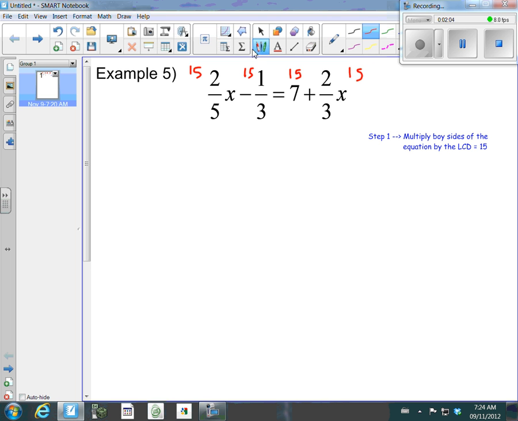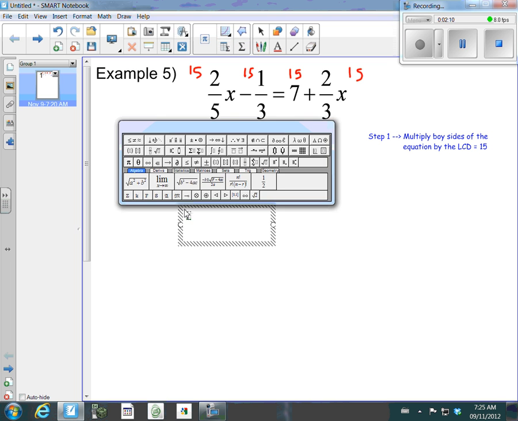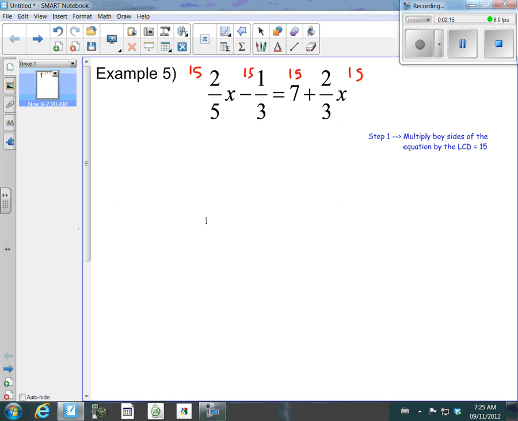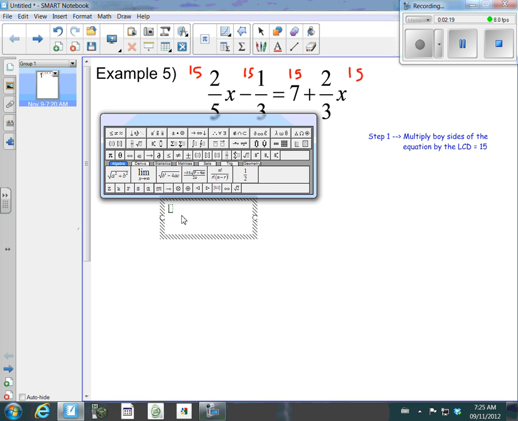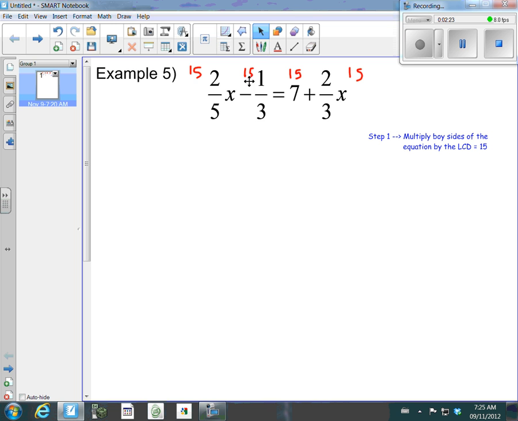Okay, now what does that give us? Well, remember from the rationals unit, when you multiply a fraction by a number, you're just multiplying the numerator by that number. So 15 times 2 is 30. I'm having a little trouble here.